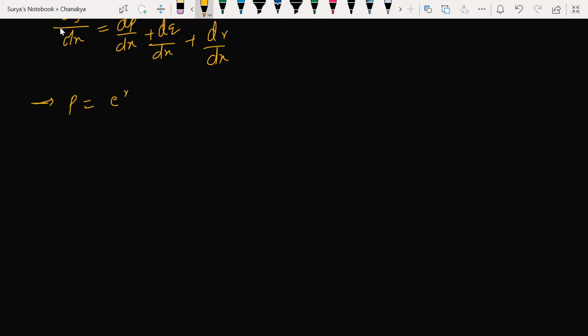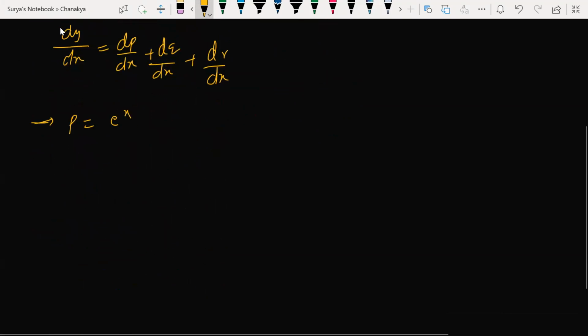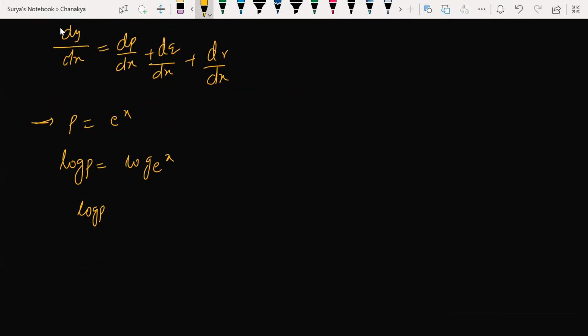Let's first talk about p is equal to e to the power of x. So how do you differentiate this? By taking log on both sides. Log p is equal to x into log e. The log e value is always going to be 1.